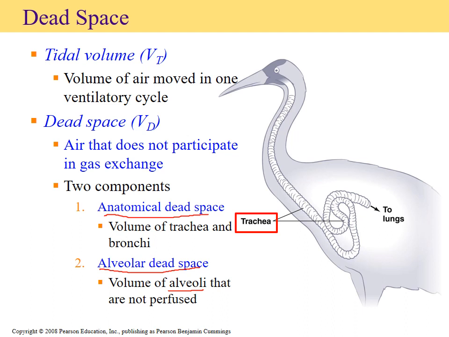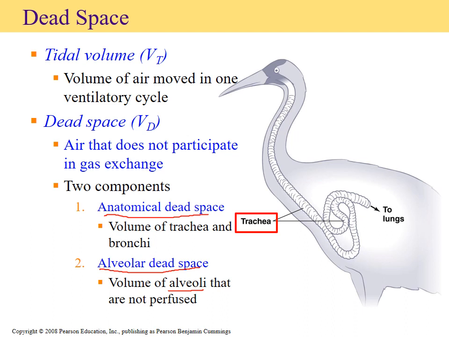So in case you have any damage to the lungs and the alveoli, your dead space would be a calculation of your anatomical dead space as well as your alveoli dead space. If your lungs are working at full capacity, then the only dead air that you would hold on to would be within the anatomical dead space, only in the pathway that it has to travel before it gets to the lungs.